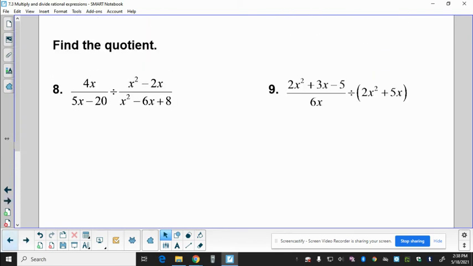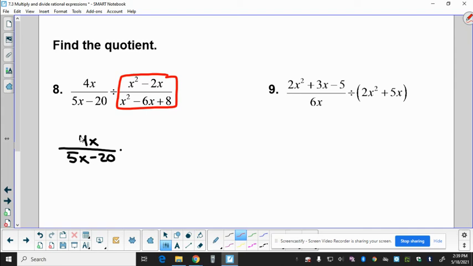These will be our last two. We're going to need to rewrite this problem. So this will be 4x over 5x minus 20 times the reciprocal of this. Let's see if we can do a little bit of factoring.